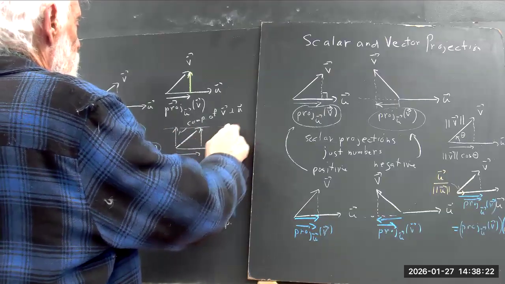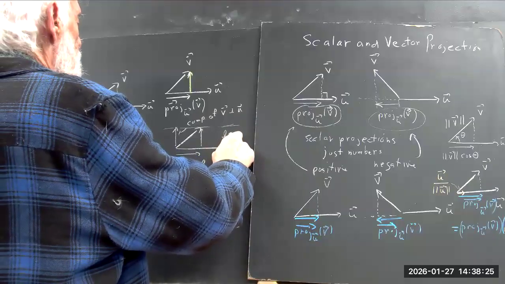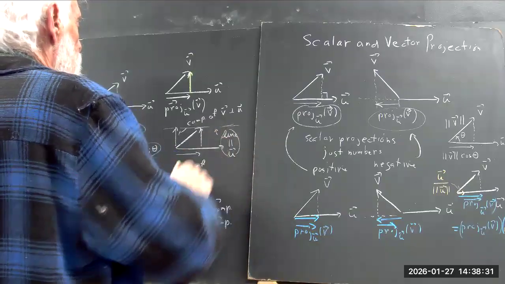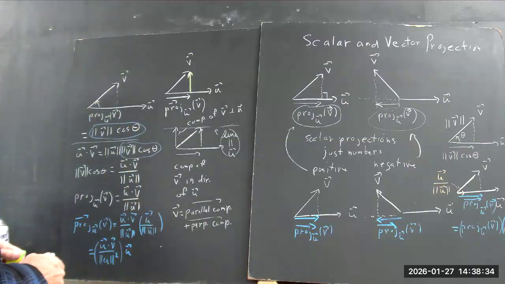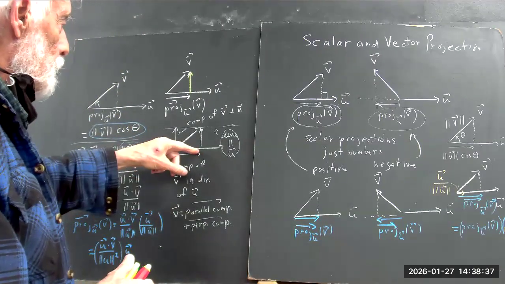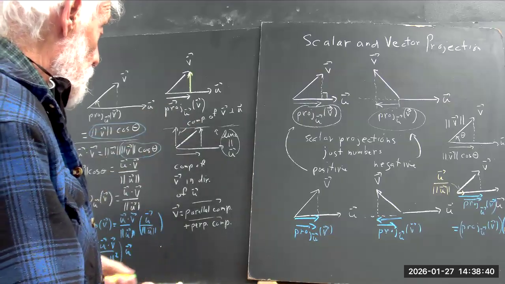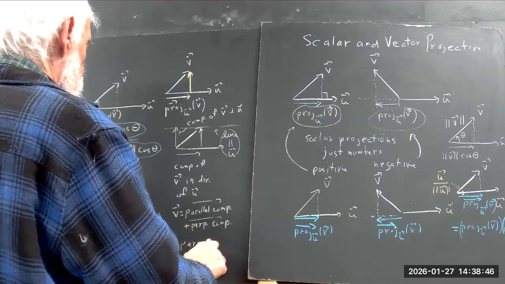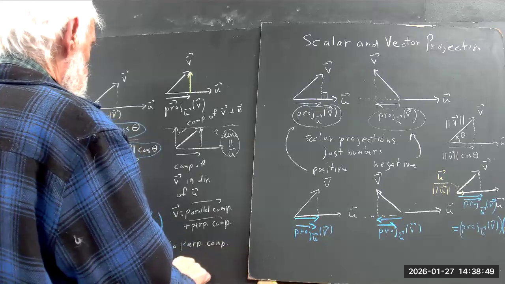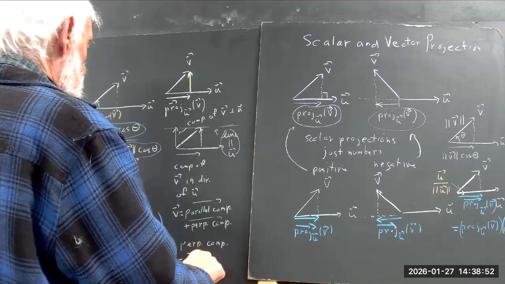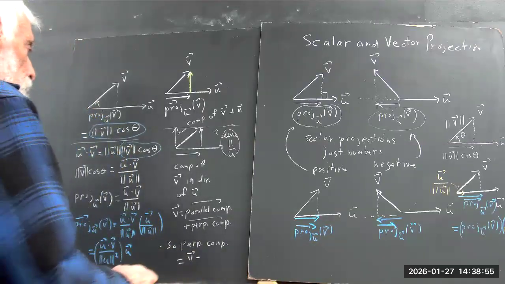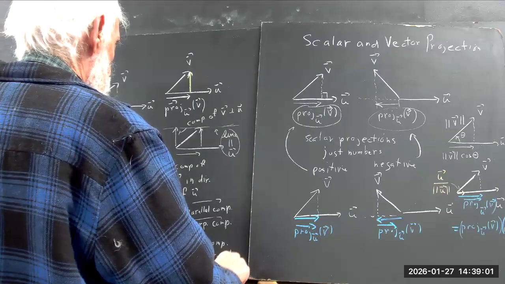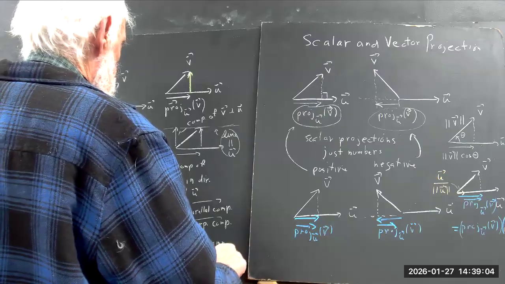This line is parallel to U. And you can see clearly that this vector plus this vector equals the vector V. So the perpendicular component equals V minus the parallel component.